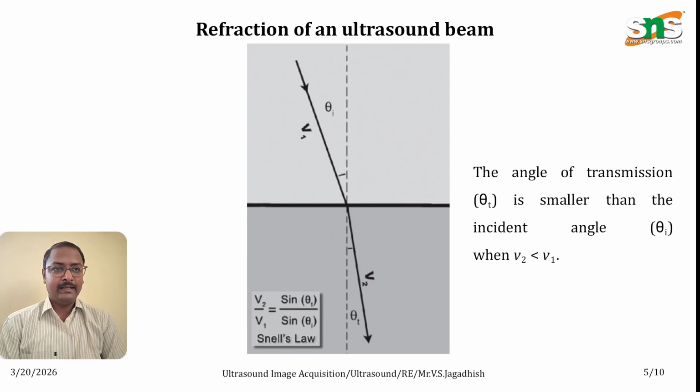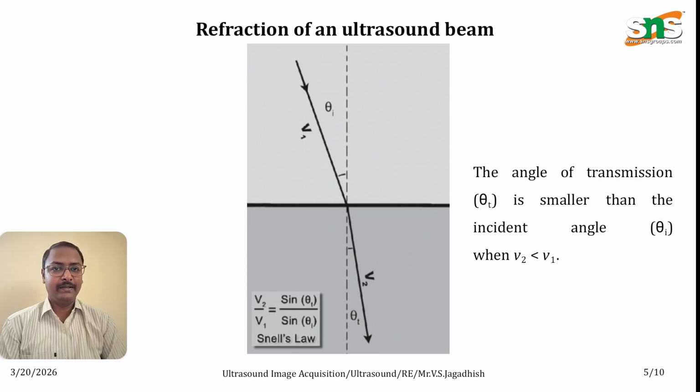The angle of transmission theta t is smaller than the incident angle theta i when V2 is less than V1. V2 and V1 represent the velocity of the sound wave in that particular medium. For example, if V1 is the atmosphere and V2 is the organ we are going to scan, when the sound waves start traveling from the transducer into our body, the inside of our body is considered V2.